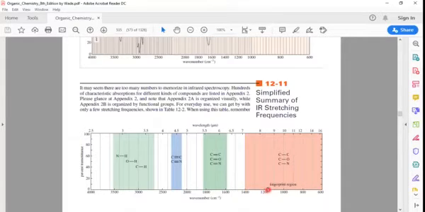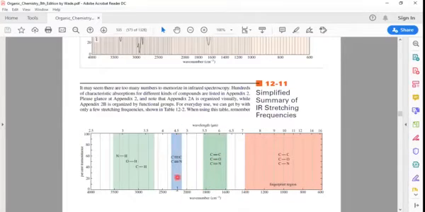But this is the fingerprint region, and generally we do not come to this area. Then we have this area from 1600 to say 1800, which is the area of carbon-carbon double bond, carbon-oxygen double bond, and carbon-nitrogen double bond. Whenever we have a carbon-oxygen double bond, it is a very prominent absorption.